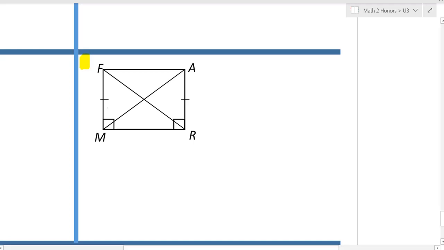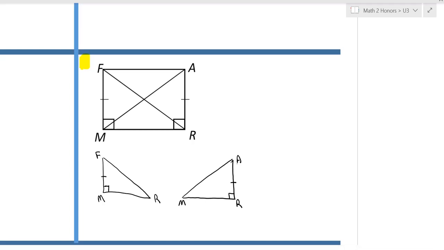So we have that right angle, and so I'm going to draw the two triangles that have the right angle. So we have, and I'll separate them, M, F, R. That has that right angle here, and this marking here. And then we have, so I'm just separating them, M, R, A. So they're both right triangles, and they both have an angle congruent to an angle.